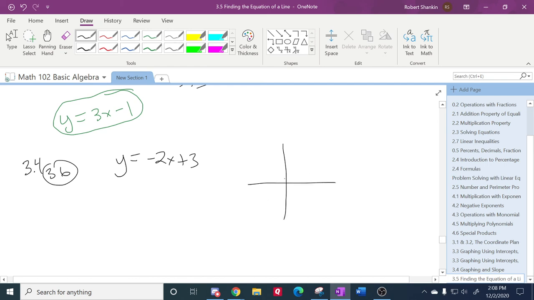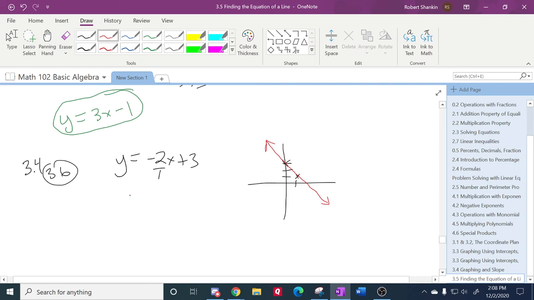That has a y-intercept of 3 and a slope of -2 over 1. So it's going to go down 2 over 1. And then it says, then name the slope and the y-intercept by looking at the graph.